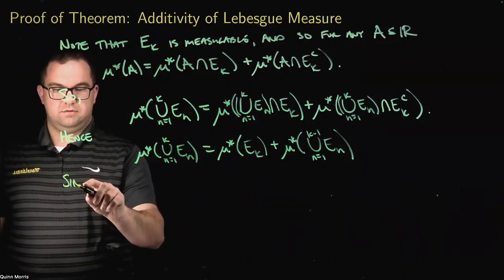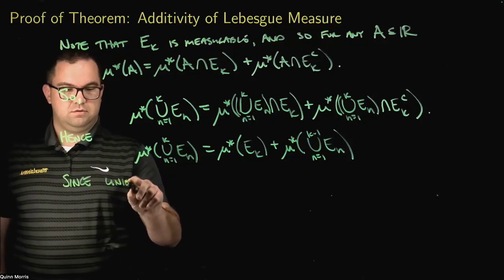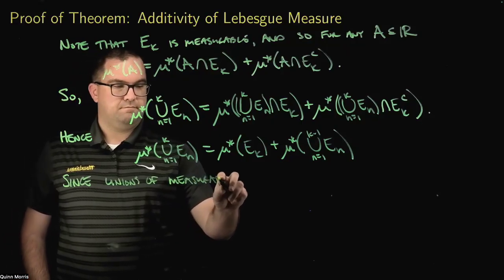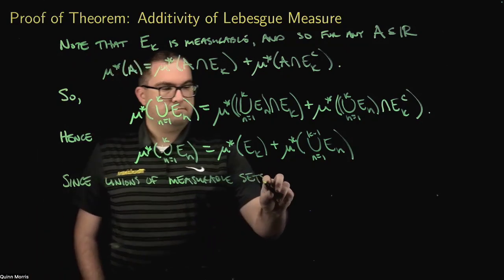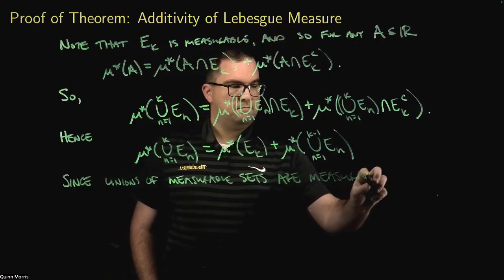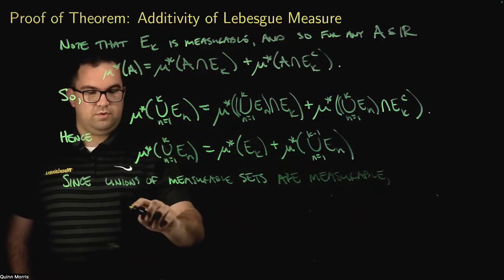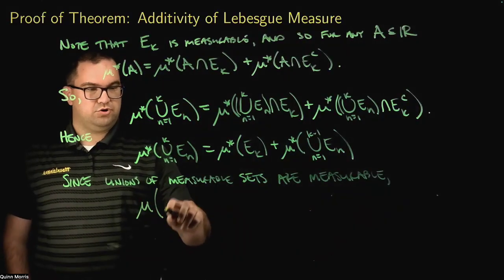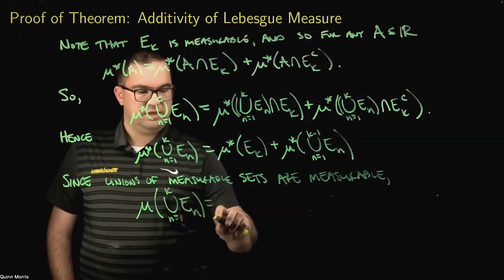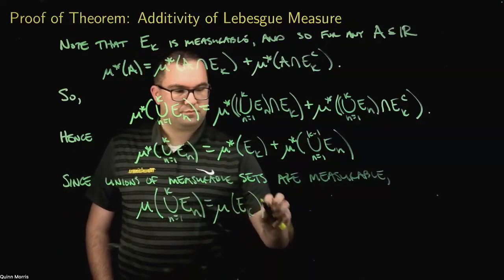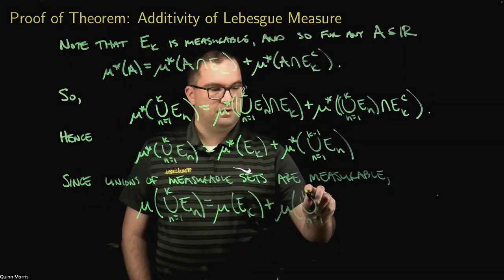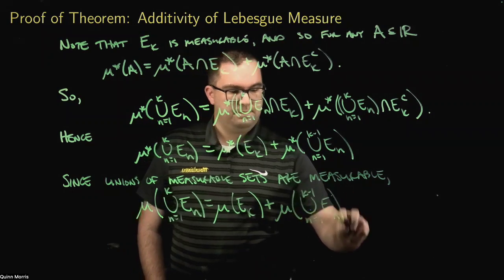Okay, so since unions of measurable sets are measurable, then we get that the measure of the union n equals 1 up to k of En is equal to the measure of Ek plus the measure of the union n equals 1 up to k minus 1 of En.